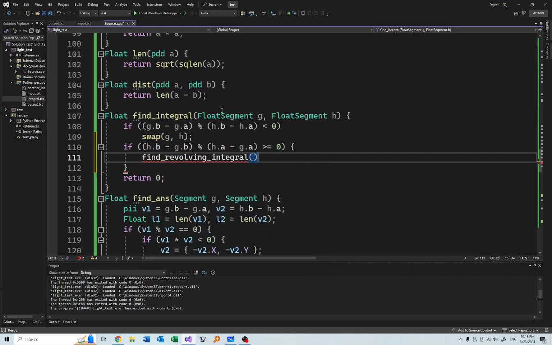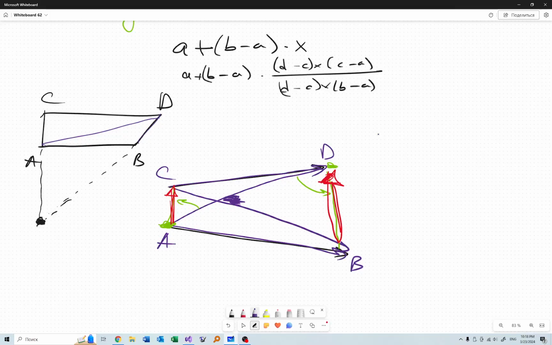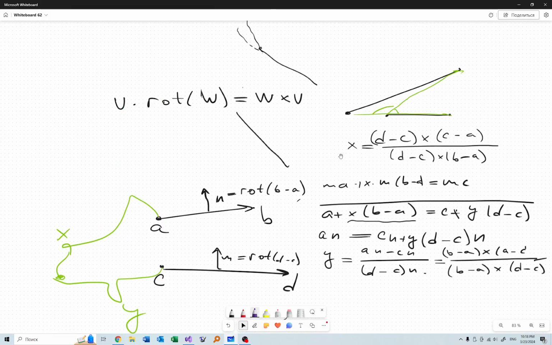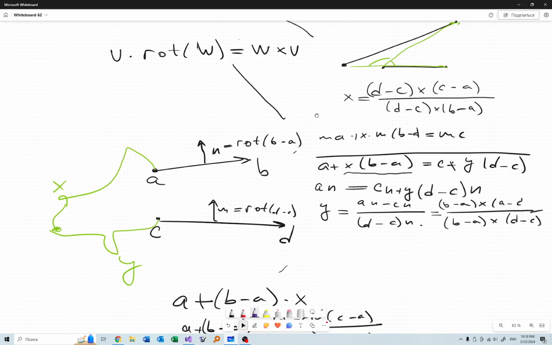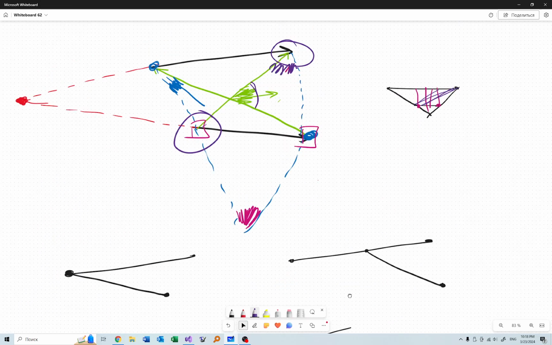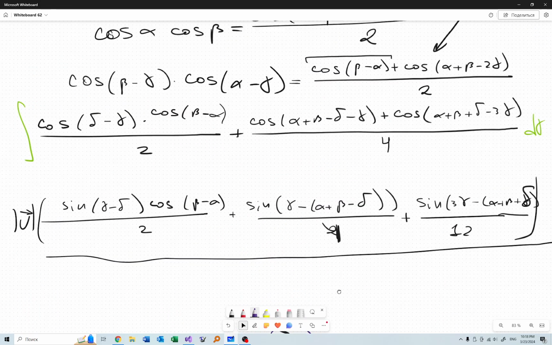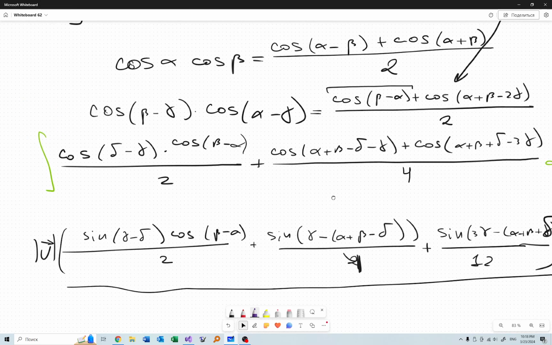We have revolving integral. What is revolving integral? Let's return to the previous part. And here we have actually everything that we need. So we need to calculate some integral from L to R. Yeah, so let's write the function.